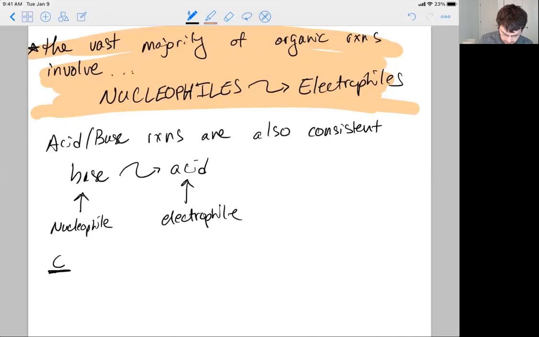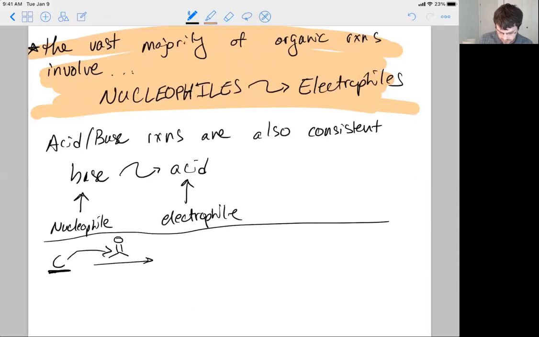C, if you recall, was when I put this molecule over the arrow. So C was this molecule. This is the solvent for the reaction. This is an experimental detail.